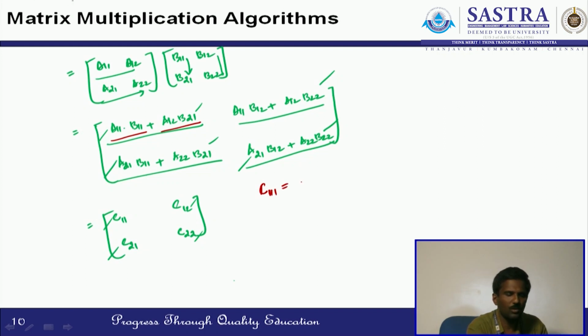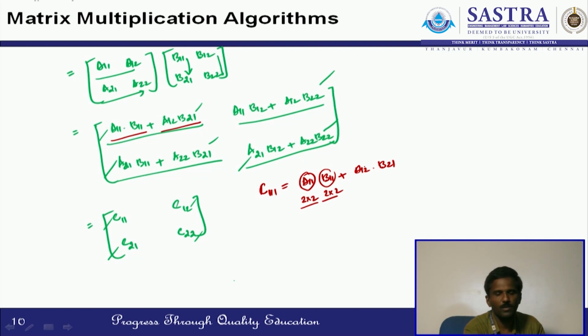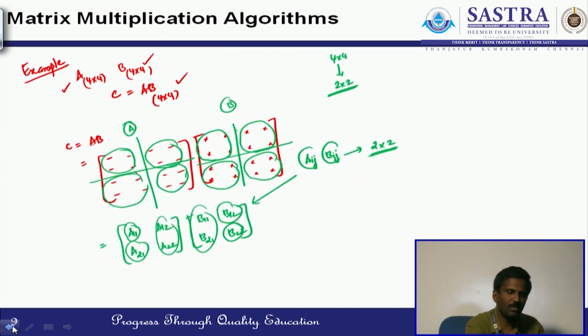C11 is equal to A11 B11 plus A12 B21. A11 is a 2 by 2 matrix. B11 is actually a 2 by 2 matrix. Here also A12 is a 2 by 2 matrix. B21 is a 2 by 2 matrix. What is A11, A12, B11, B21?